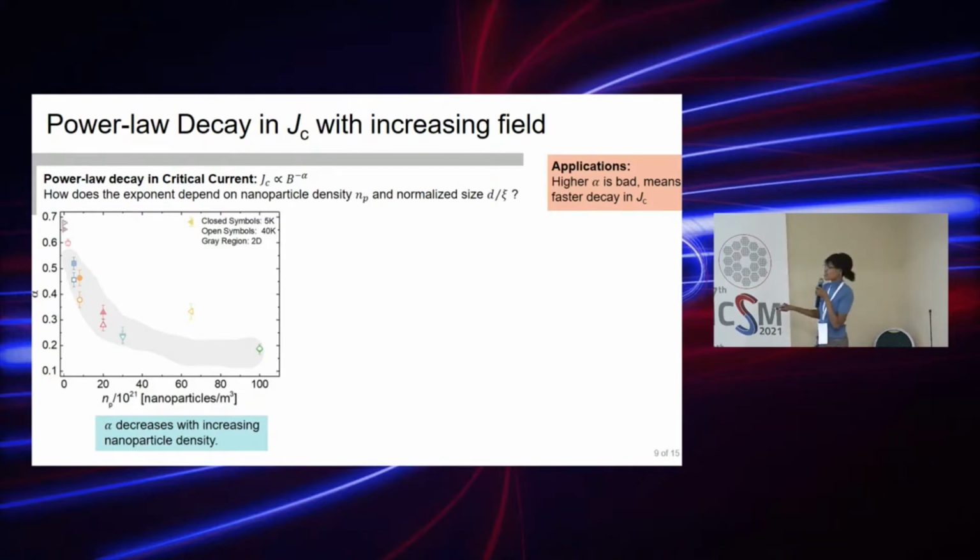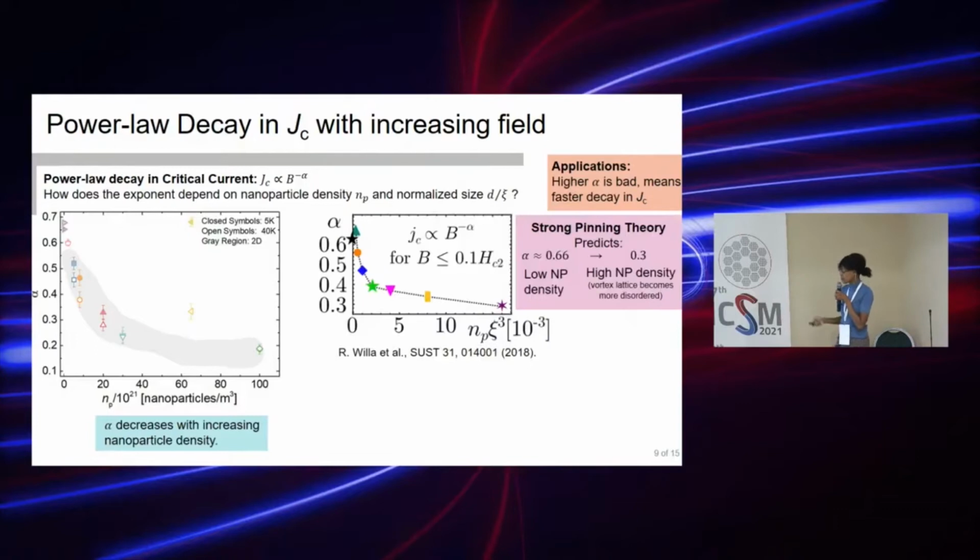And the only thing that strays from this a bit is this sample that's in the bulk regime that wouldn't be shaded, and this sample's in the bulk regime that wouldn't be shaded. But then otherwise, all these samples in the 2D regime indeed show a decreasing alpha with increasing nanoparticle density. And then for comparison to simulation results, here we see alpha versus nanoparticle density, and qualitatively, the trends look very similar.